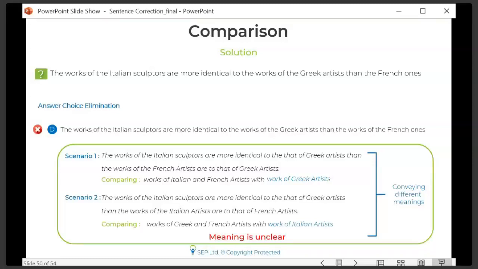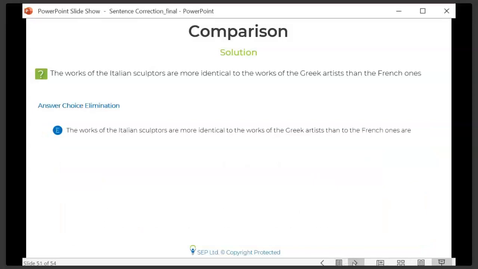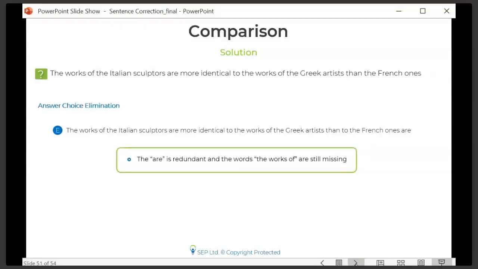See how the meaning-based approach, your analysis of the original sentence, helps. Let's quickly run through choice E. I know all of you are tired maybe, but this was a very good learning session. So look at choice E. Again, we've already been through this. The "are" is redundant at the end of the sentence. Apart from the rest of it, the "are" is redundant.